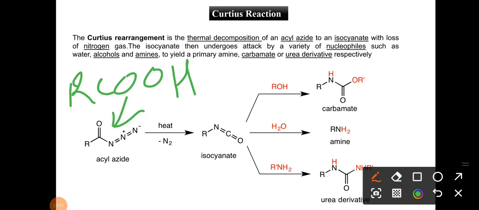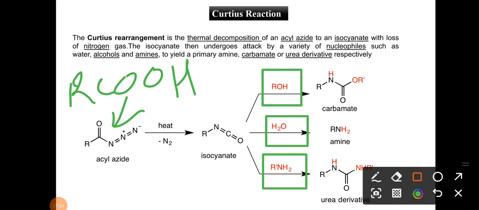That acyl azide on heating loses N2, forming the isocyanate, and depending on your nucleophile, here are the three different ones, you get your product. Generally on water hydrolysis, you get your primary amine. So that is your Curtius reaction.